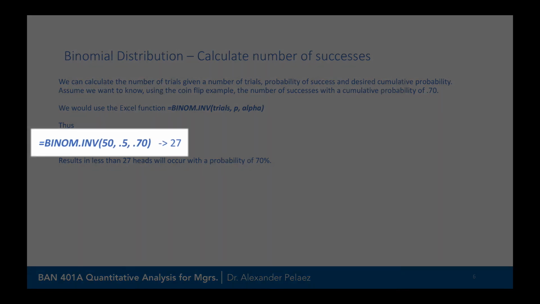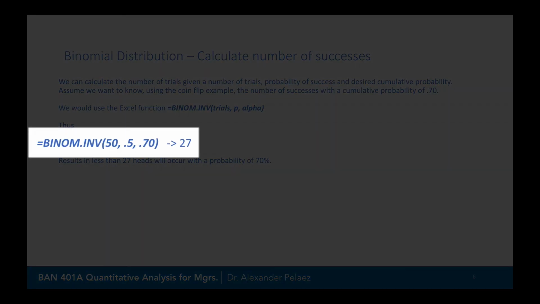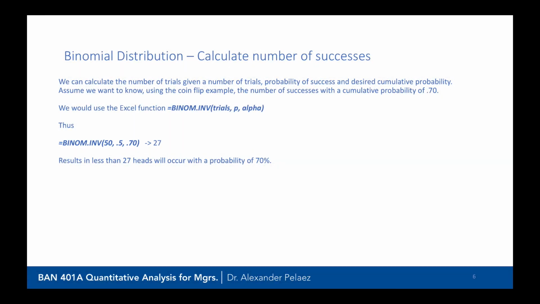We have 50 trials with a probability of success of 0.5, and we want a cumulative probability of 0.70. We want to know the number of heads that will occur at that probability. And it will result in fewer than 27 heads occurring with a probability of 70%, or 0.70.